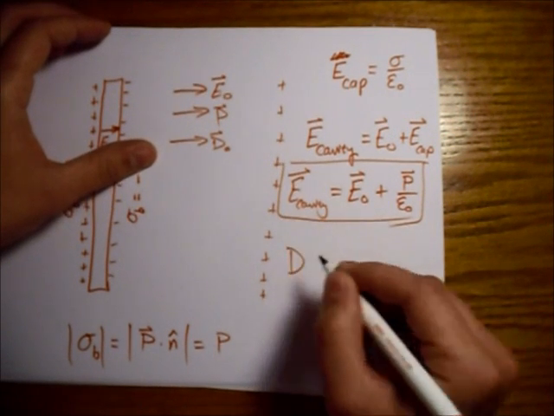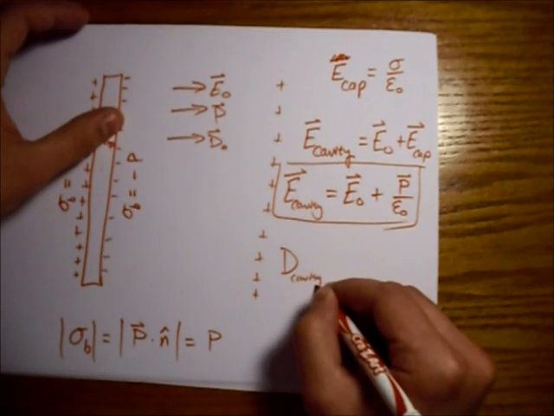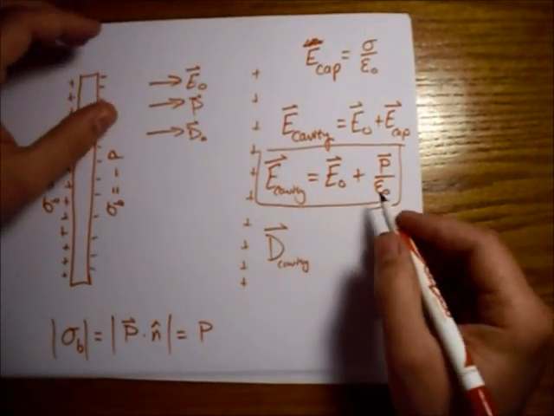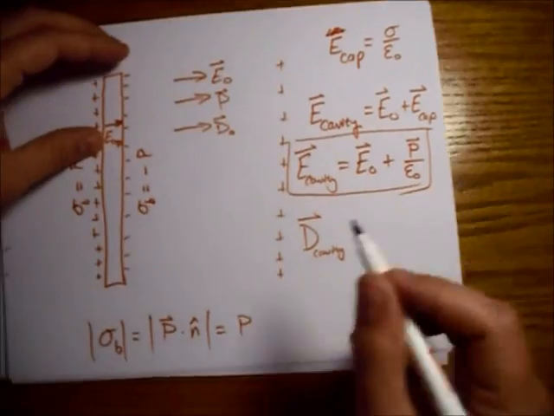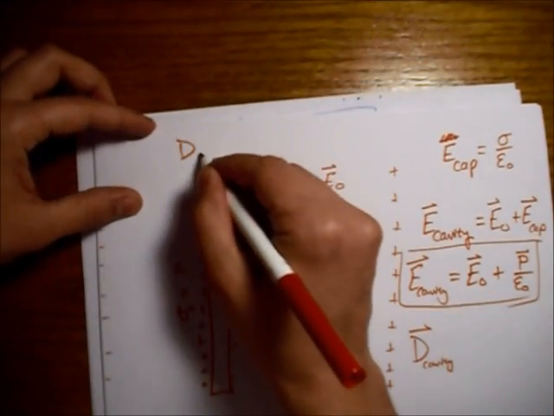This is one of the things that Griffiths asked us to find. The other one was the electric displacement of the cavity. If we go back to our original, let me write this for the third time.